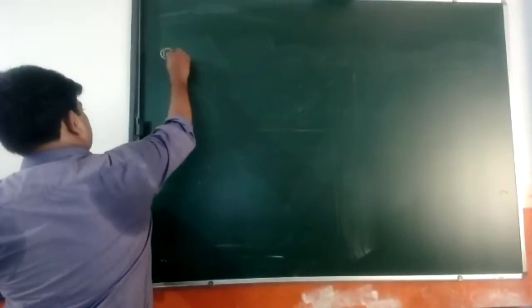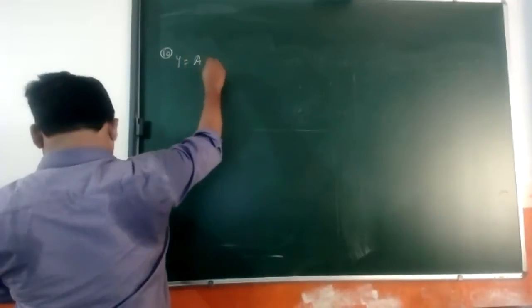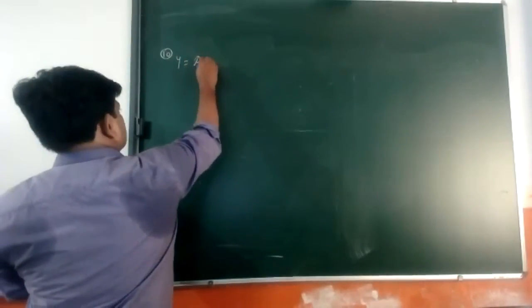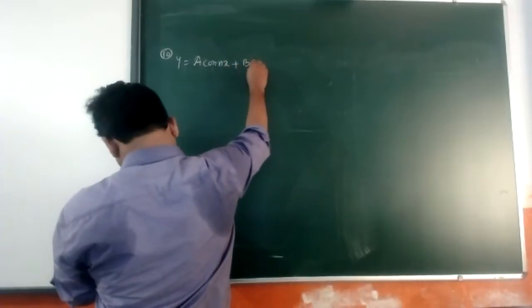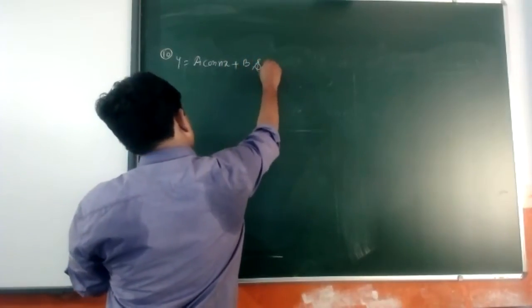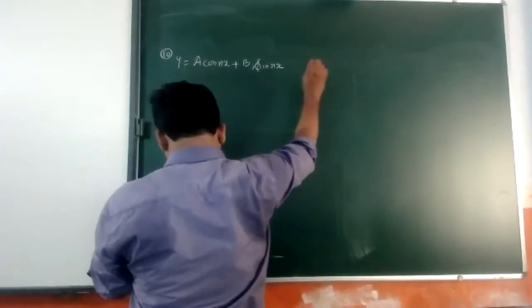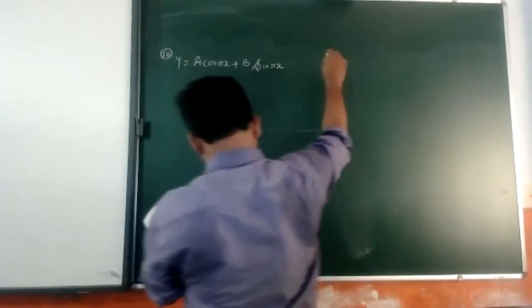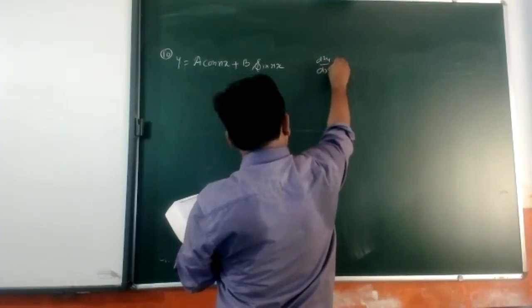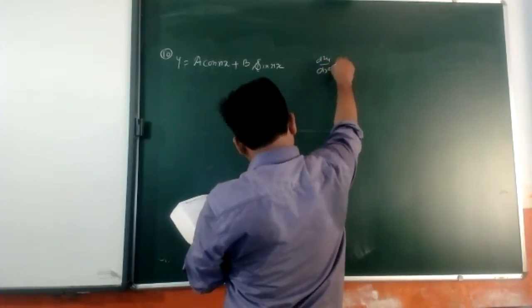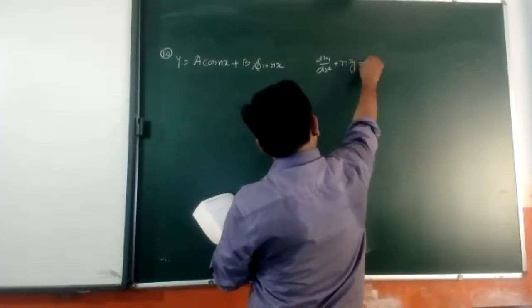Now see question number 10. Second part is there. It is y is equal to a cos nx plus b sin nx, and we have to prove that d2y by dx square plus n square y equal to 0.